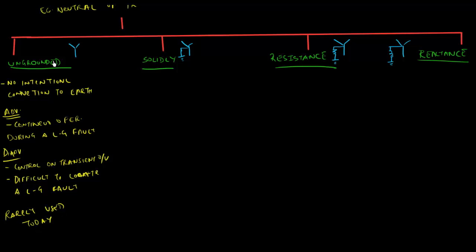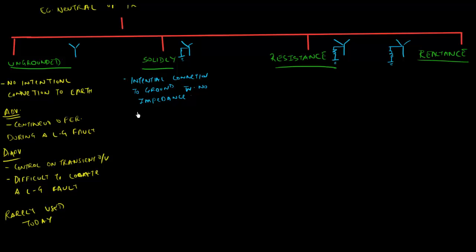Then you come to your solidly grounded systems. In solidly grounded systems, there is an intentional connection to ground, but with no impedance. So there's no impedance in this connection.